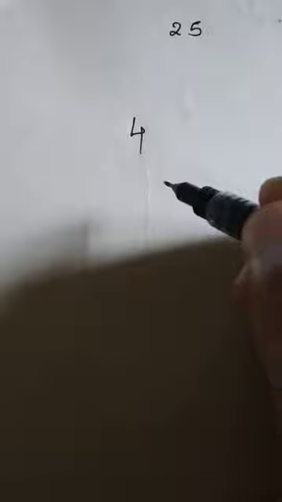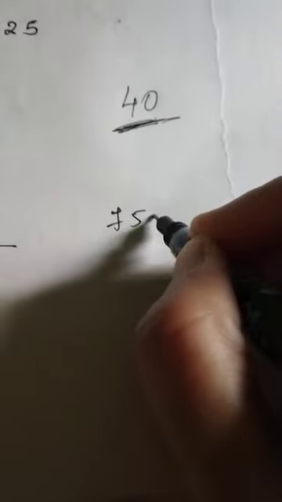Now, one more thing I want to explain to you about the decimal number. Suppose about the whole number 4. If I put one 0 here, its value will be 4 only. But if I put one 0 on this side, its value will become 40. Suppose 25. If I write a 0 on the left side, its value will remain 25 only. Similarly, suppose I write a decimal number here, 75.36.